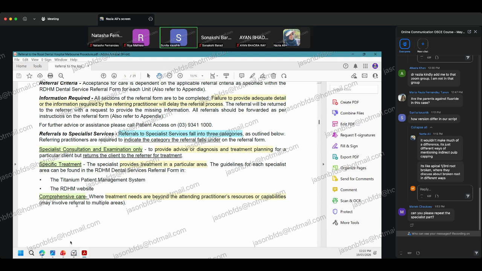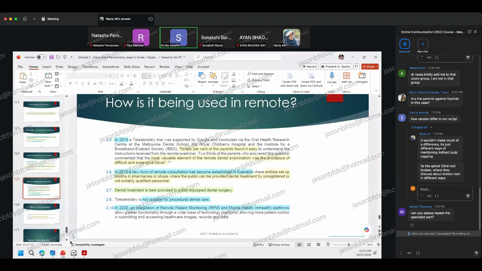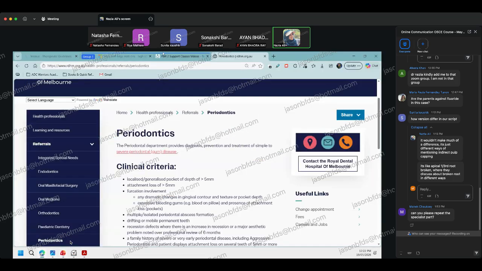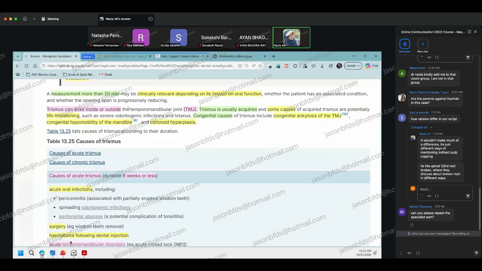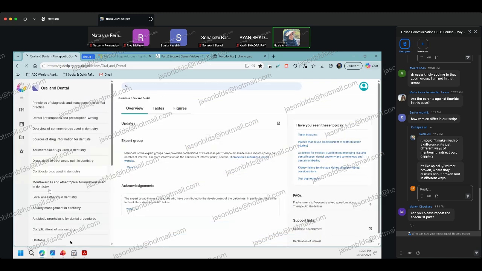But Dr. Nazia, again, it will be an elective procedure, and specialists also don't do any elective procedure on patients with diabetes, isn't it? They do that. They do it under the cover of antibiotics. It's your TG. Did you forget about that? In the TG there's a section. Don't confuse yourself with the specialist. Our domain is different. The specialist domain is different. If you go to the TG perio section, there are 3 categories where antibiotics are given to a patient.